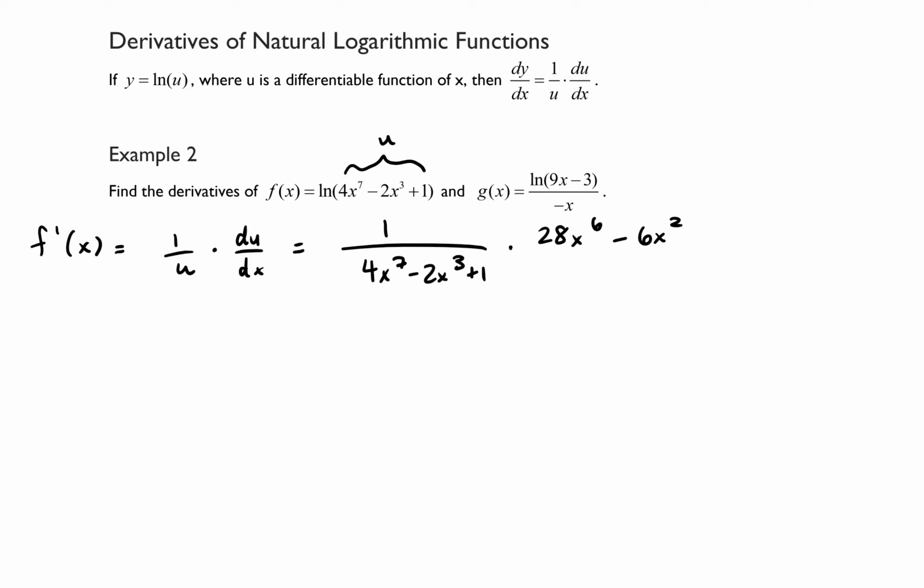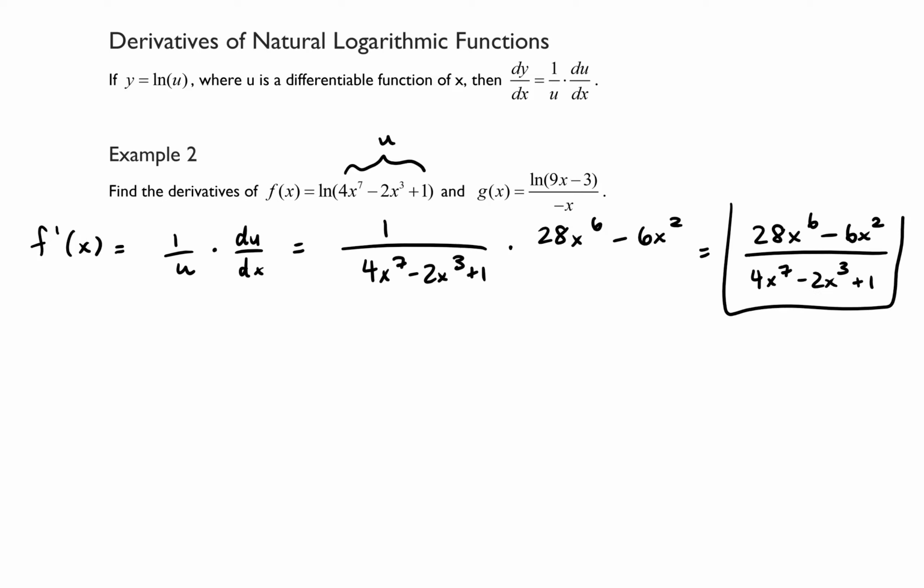And let's go ahead and combine those into one fraction. So after multiplying, you get 28x to the 6th power minus 6x squared over 4x to the 7th minus 2x cubed plus 1. So that is the derivative of our f function.